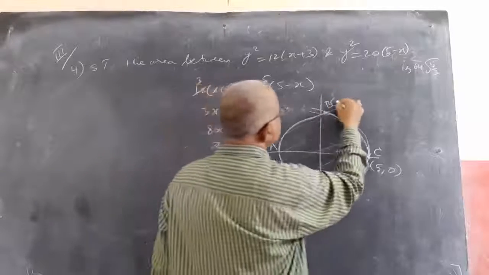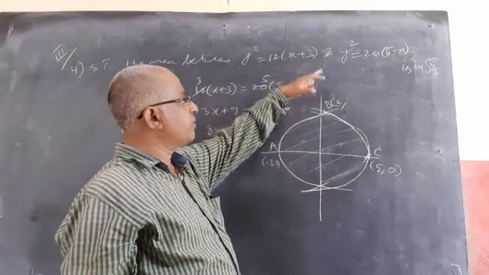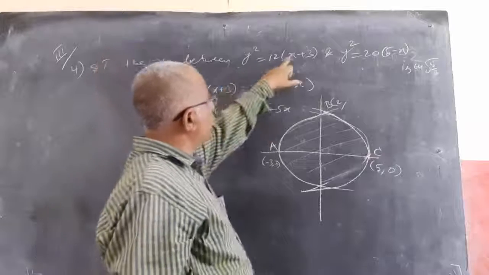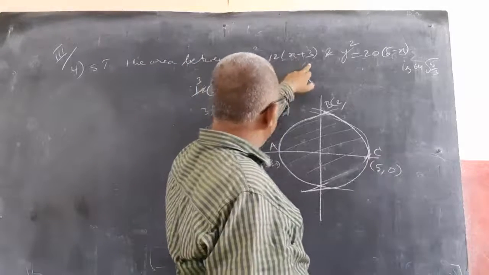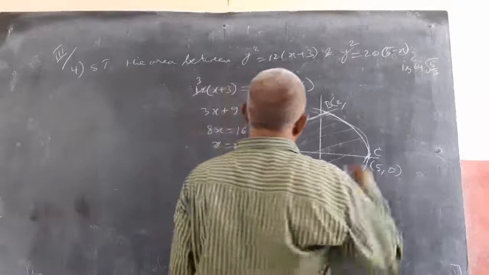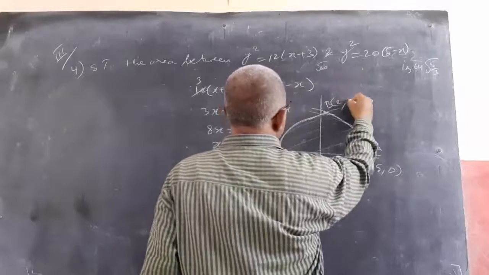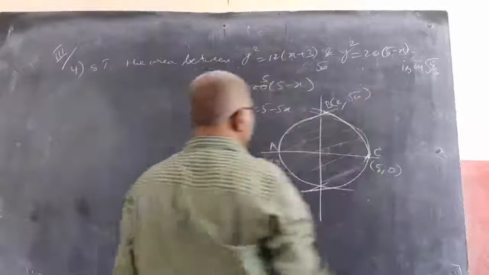So this B is 2 comma. To substitute 2 here, you will get the y square value. That is 5 into 2 plus 3, 5 into 12, so root 60. 2 comma root 60.